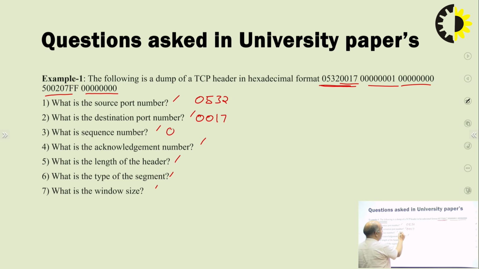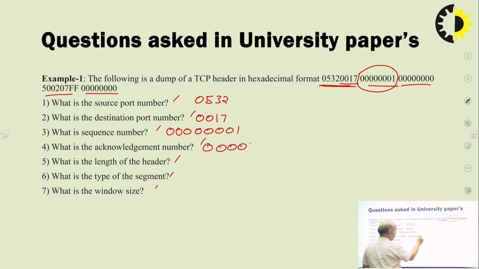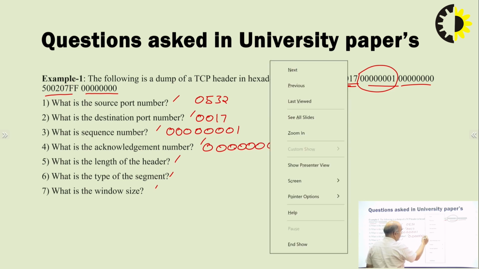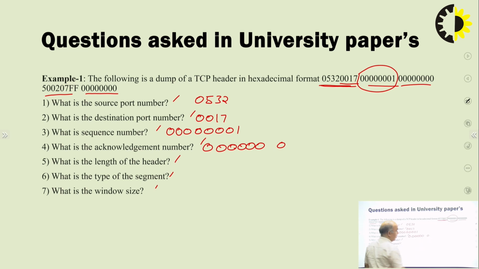As the sequence number is 32 bits, we will place the next 8 digits there, and then the acknowledgement number follows, again 8 digits.